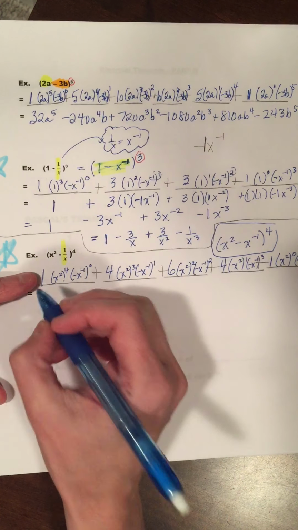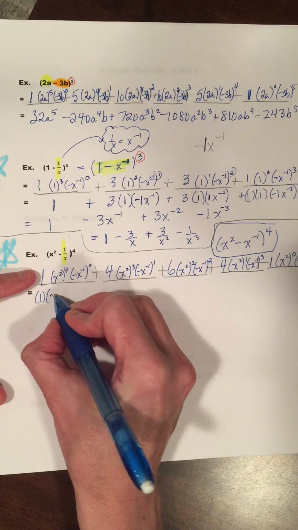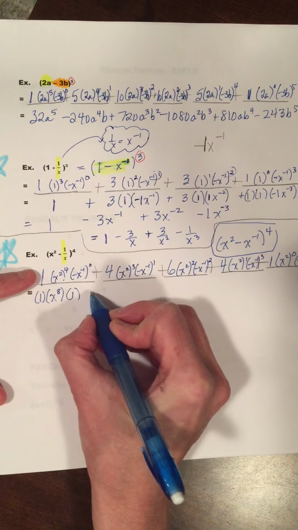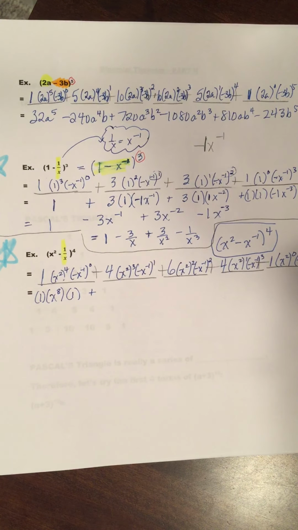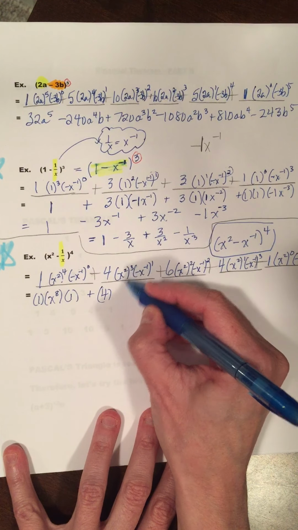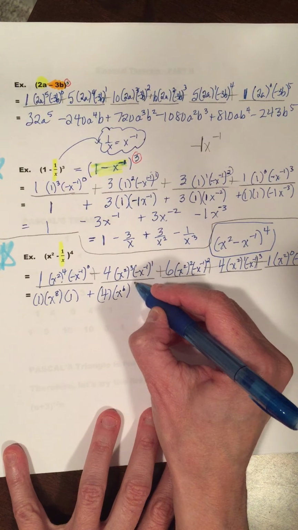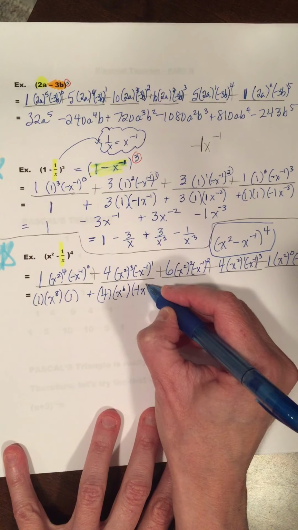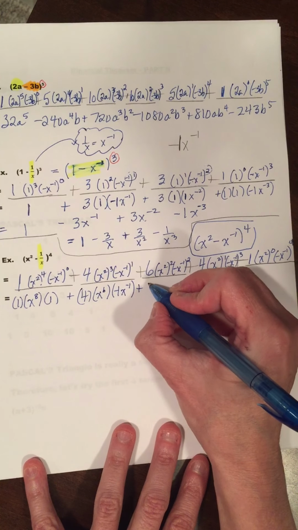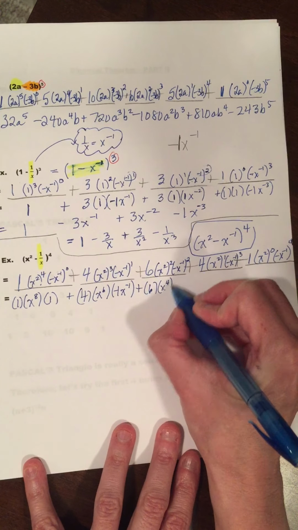So let's go through baby steps. 1 is 1. X squared to the exponent 4, multiply them: x to the 8. Anything to the 0 is 1. That wasn't too painful. 4. X squared cubed, multiply them. Negative 1 to the 1 is negative 1, x to the negative 1. Not too bad. 6. X squared squared, multiply them.